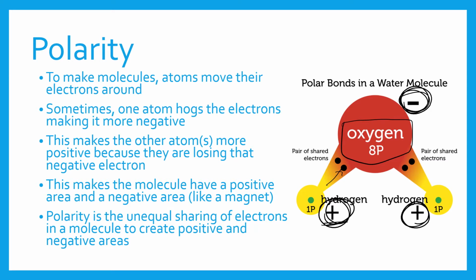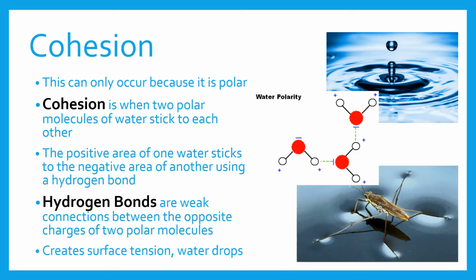So the definition of polarity is just that there's unequal sharing of electrons in a molecule to create positive and negative areas. All that's happening in polarity is we're sharing these electrons unequally. Oxygen is going to hog them a little bit more than the hydrogen will.